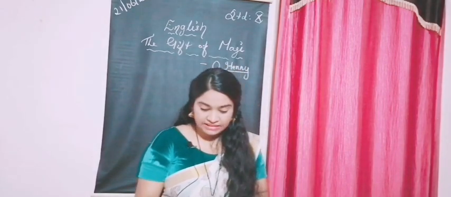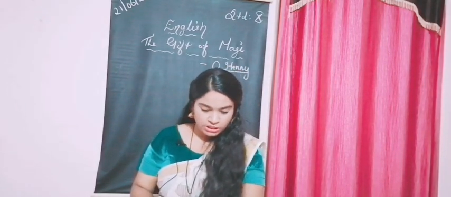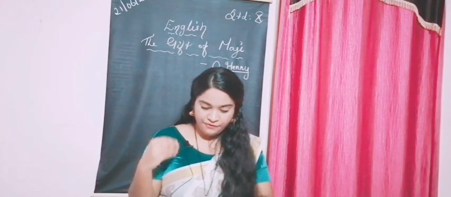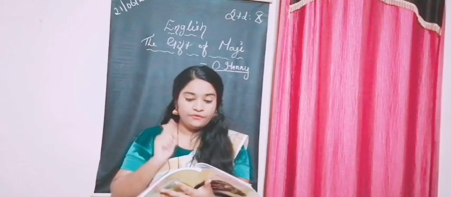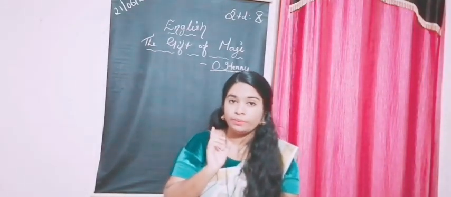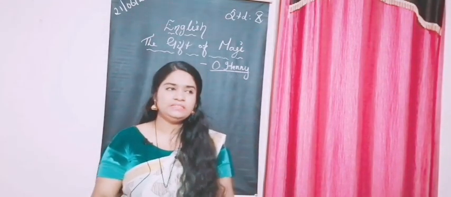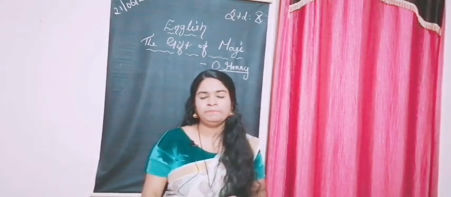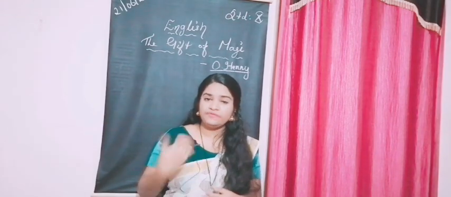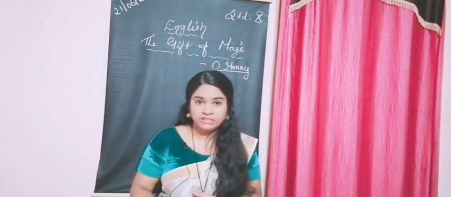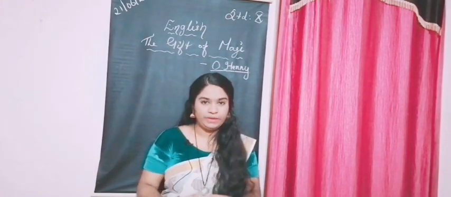And the last sentence here: the moral reflection that life is made up of sobs, sniffles and smiles, with sniffles predominating. What does that mean? That's a very important line, which means our life is a mixture of everything. We have happiness, we have sadness also.